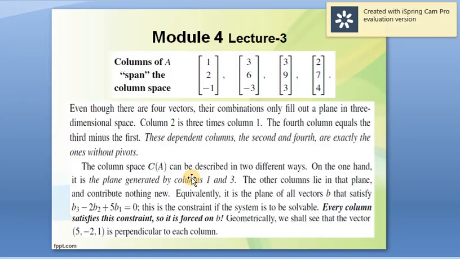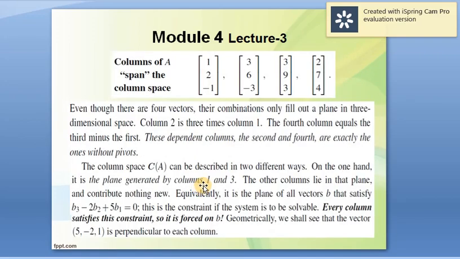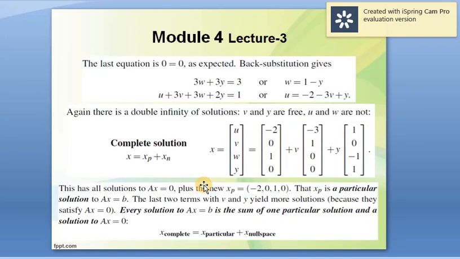What is the importance of that? Now as we can see, the last equations are these, and when we solve those, this is what we have obtained. This one is referred to as the particular solution, and this is nothing but the special solution or null. x complete is equal to this.